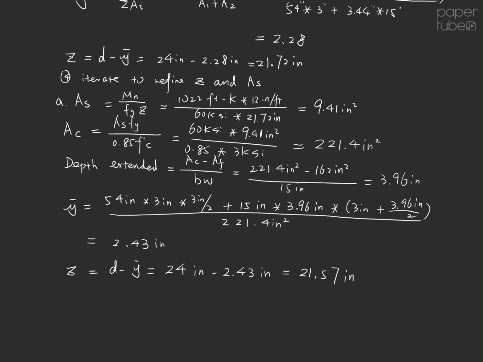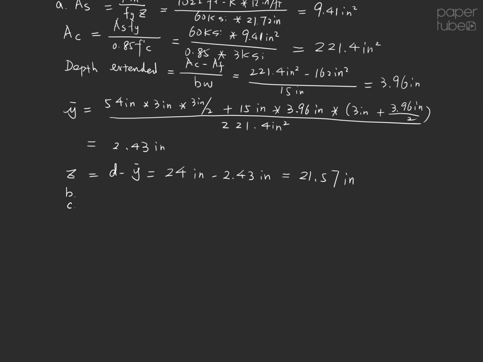And now you can continue doing the iteration. Now we could do your b, c, d, e, right? And after all this iteration, now we can find out my AS is equal to 9.51 inches squared, and the depth extended is equal to 4.12, and this is the same as the previous iteration.